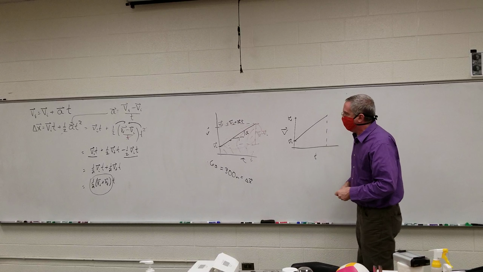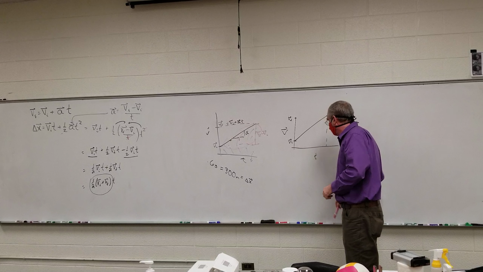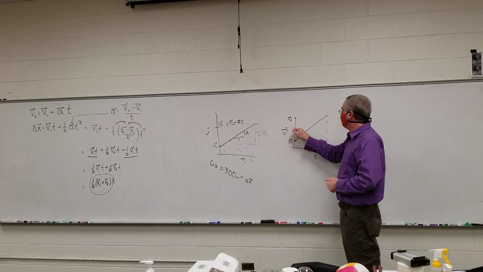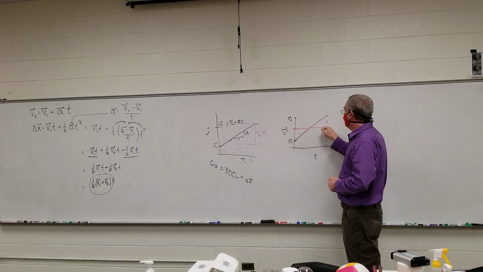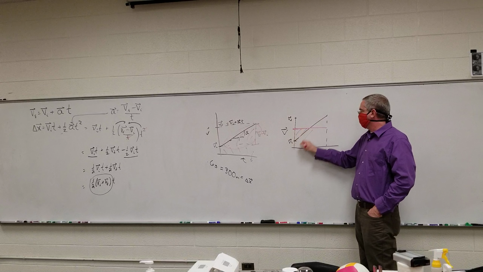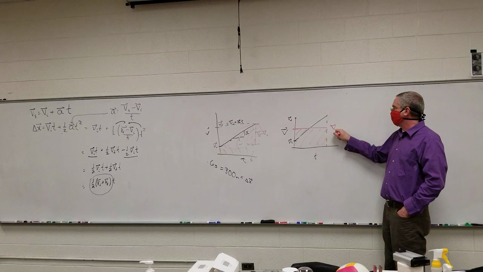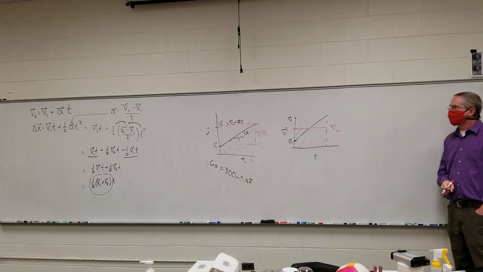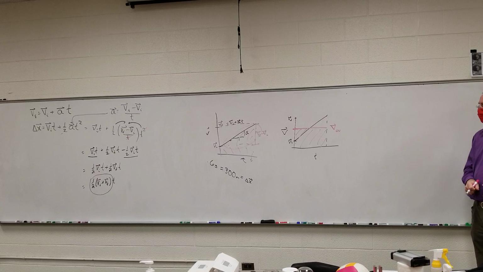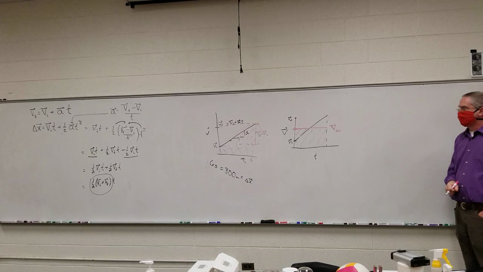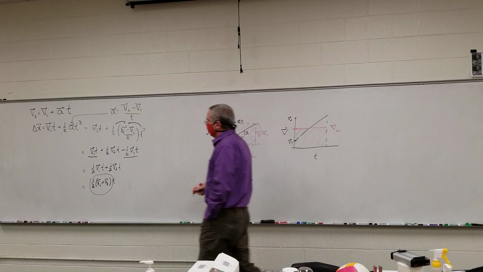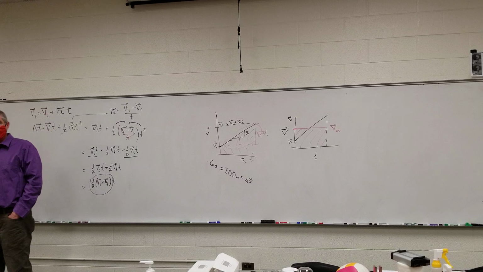So the 1/2 VI plus VF is just a number halfway in between, it's the average of those two. That's this point right here. What we're saying is that the area underneath the trapezoid is equal to the area in pink right here, where this is just my average velocity. And is that a cake formula?